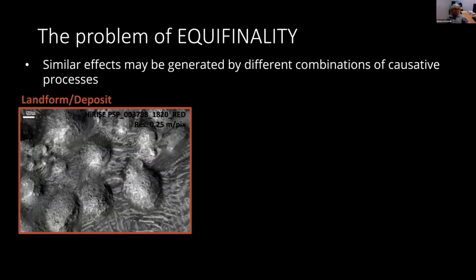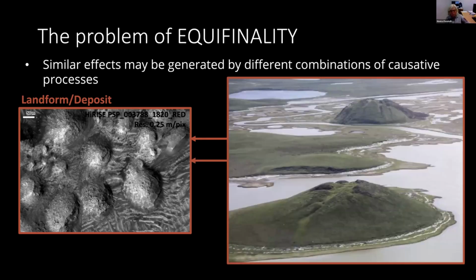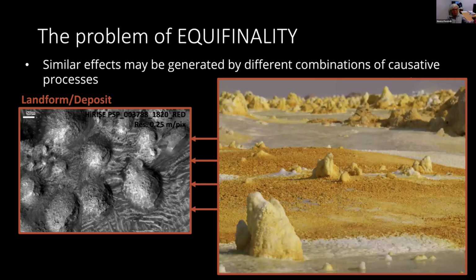Moreover, we have the problem of equifinality, which means that similar effects may be generated by different combinations of causative processes. Same for mounds: they might be formed as erosional remnants, so they might not even be depositional features. They might be pingos, formed in glacial settings, or volcanoes, or spring mounds.